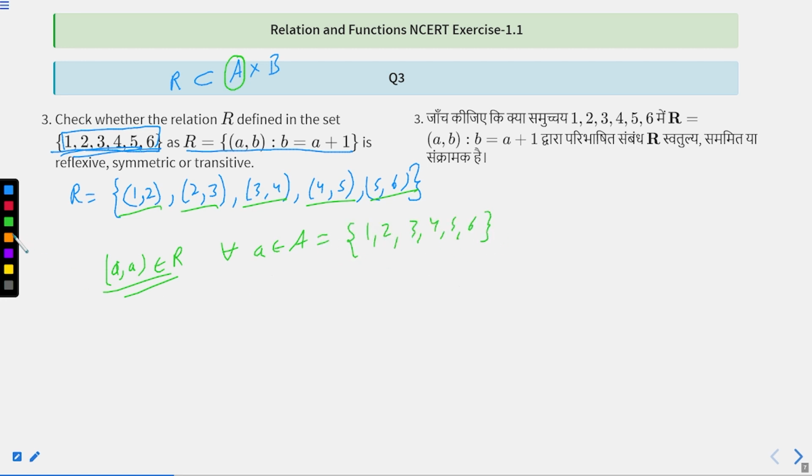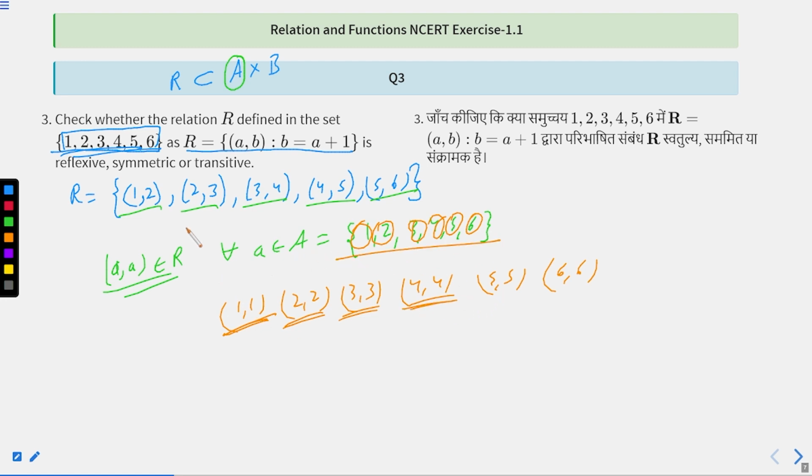So this means (1, 1), (2, 2), (3, 3), (4, 4), (5, 5), (6, 6), all. Take every element in this set; then the pair with itself must be in there. Does this happen? No, as you can see, (1, 1) is not there. None of these elements are there. So this is not reflexive.